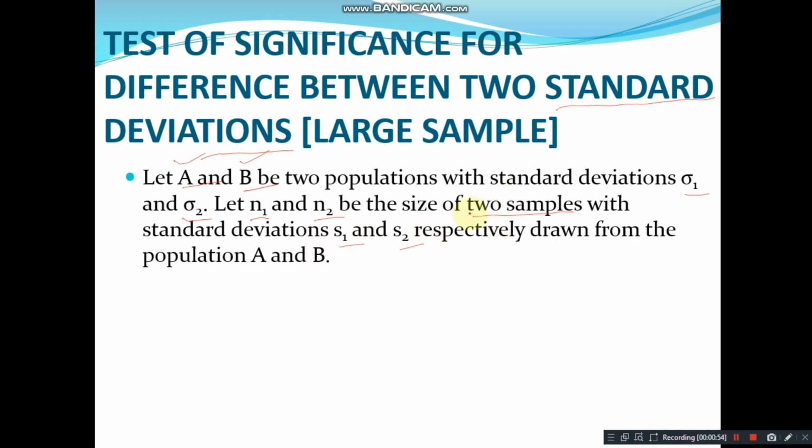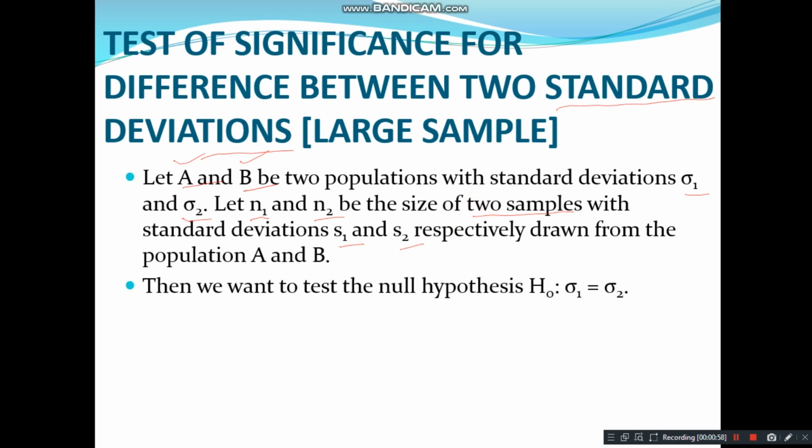These can be drawn from the populations A and B, but we have to test a certain statement. It is nothing but the null hypothesis H naught: either sigma 1 is equal to sigma 2, or less than or equal to, or greater than or equal to.